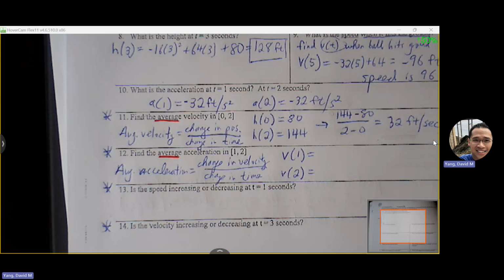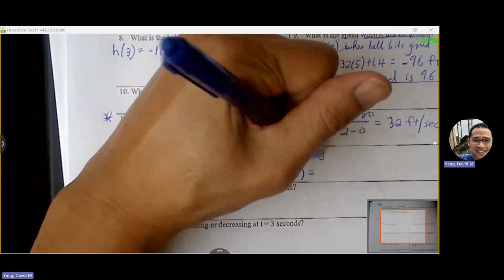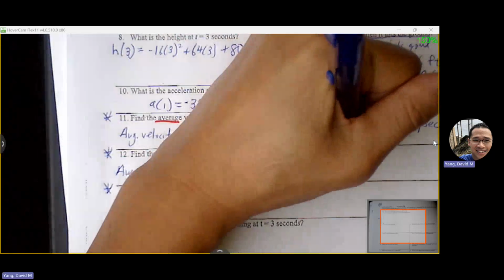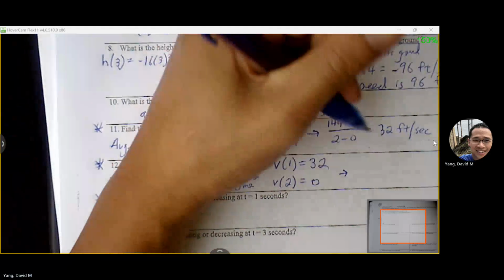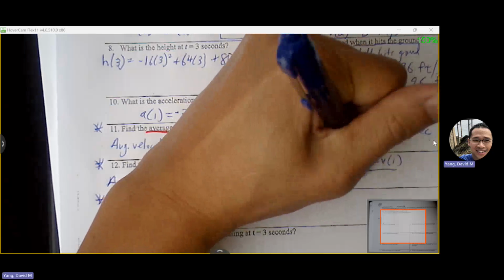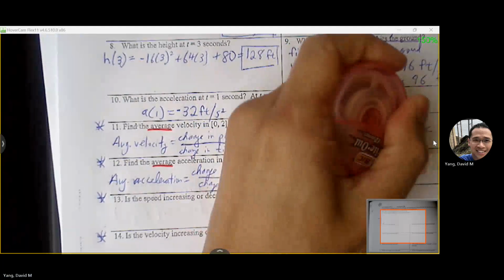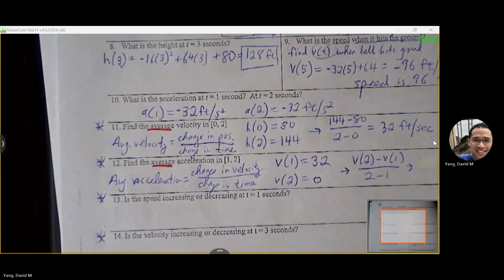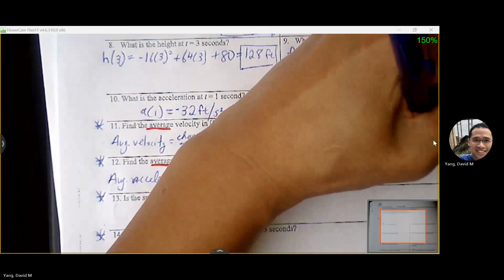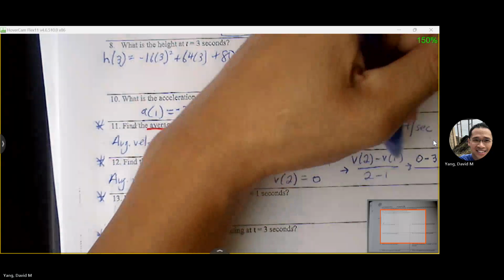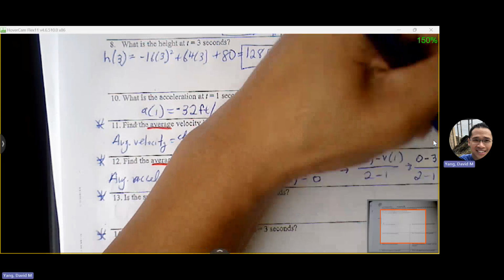Okay, so V of 1 is 32. V of 2 is 0. So my average acceleration is just V of 2 minus V of 1 over 2 minus 1, which is, oh sorry, 0 minus 32 over 2 minus 1, which is negative 32.